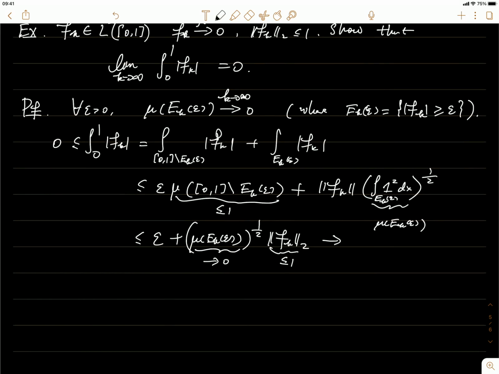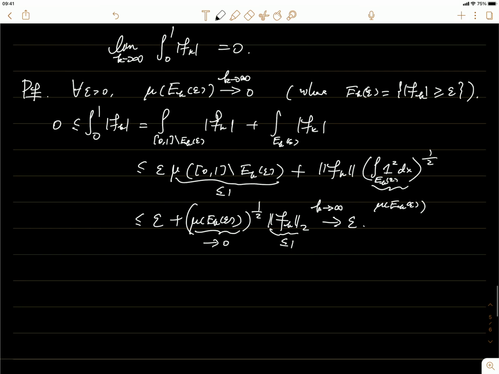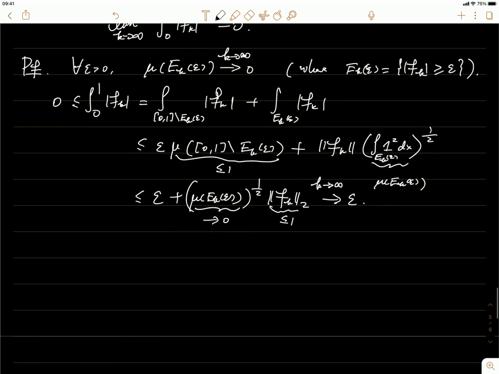So that's why this goes to epsilon as k goes to infinity. And since epsilon is arbitrary, we know that the limit of this integral must be equal to 0.